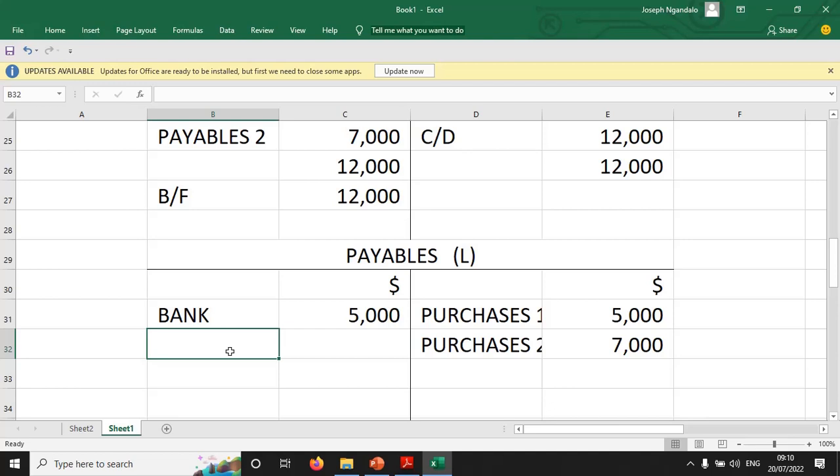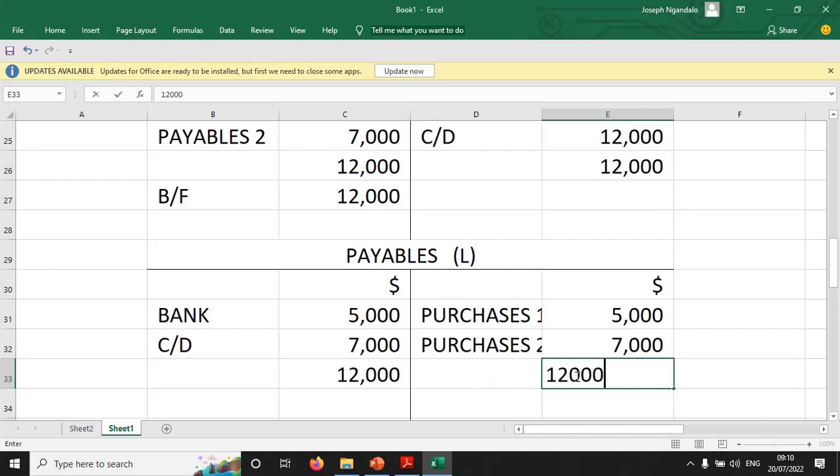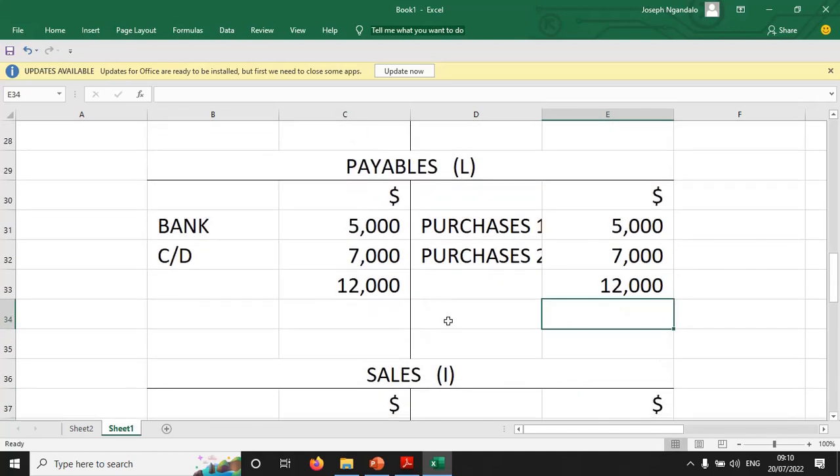Find the difference between the two sides in the payables. 12 minus 5. Again, check if your totals are the same. 12 is equal to what? 12, isn't it? So where is your carry down? On the credit, isn't it? I hope you can see that.